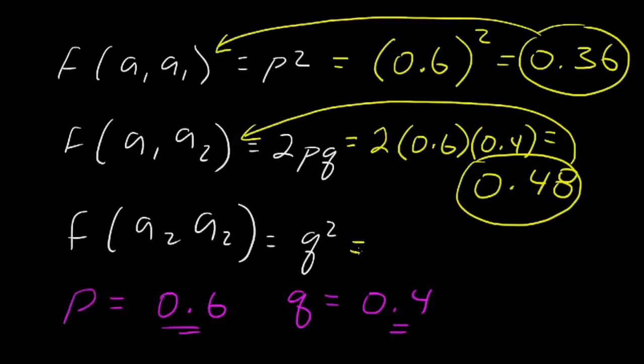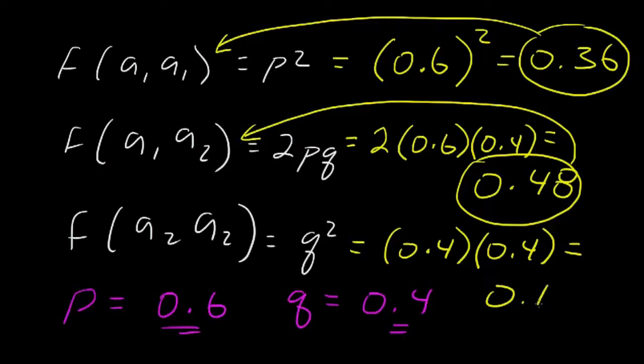And then finally, for our A2A2 genotype, we multiply our Q frequency times our Q frequency, or 0.4 squared, and that gives us 0.16.